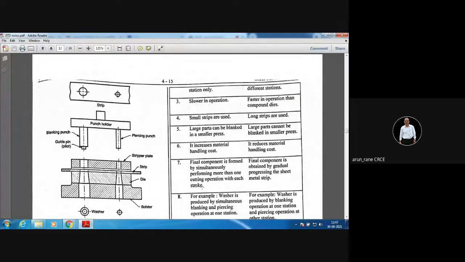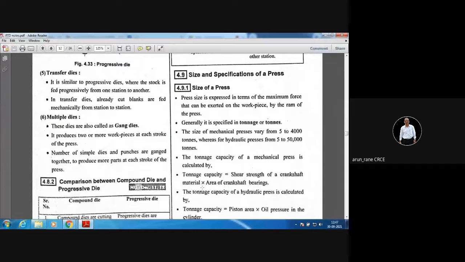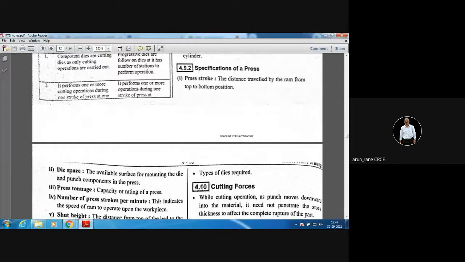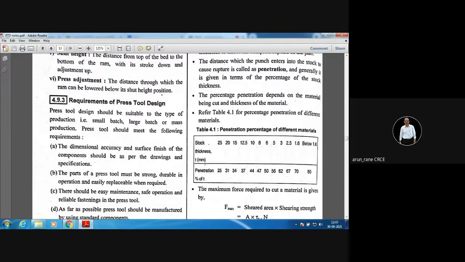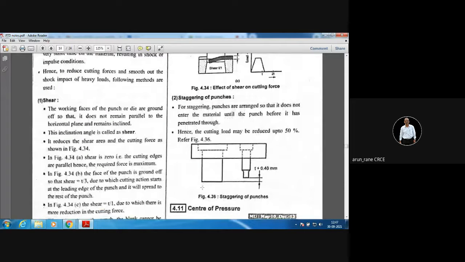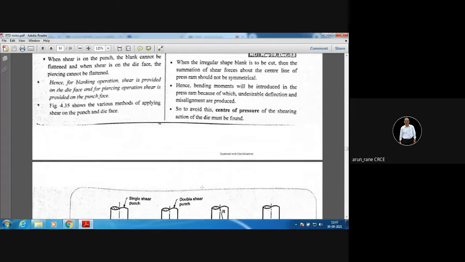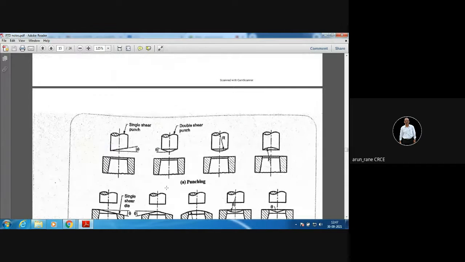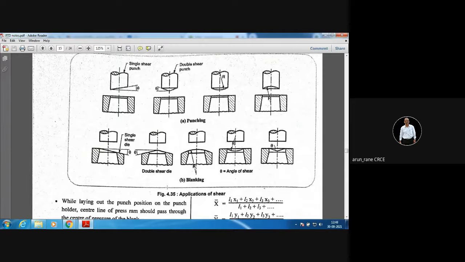The difference between a simple die, compound die, combination die, that also you know, how to select a press, what are the specifications of the press, that also you are aware. Then in order to reduce the load, we provide the shear on the punch and on the die block.